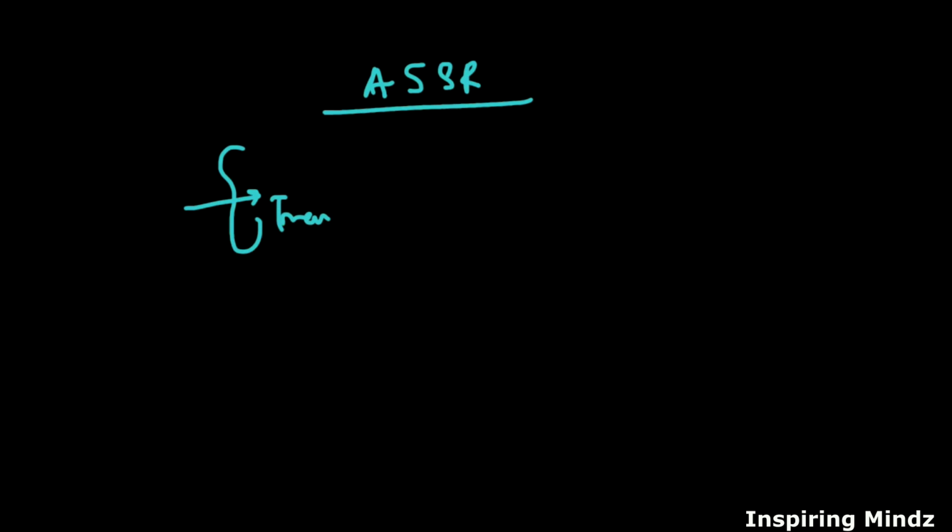Let's discuss a few points about it, that is ASSR. In BERA we used to give transient sound, but in this we will give continuous or steady sound of a particular frequency.